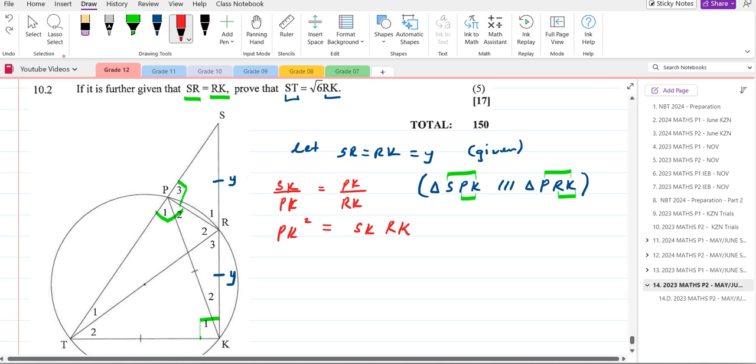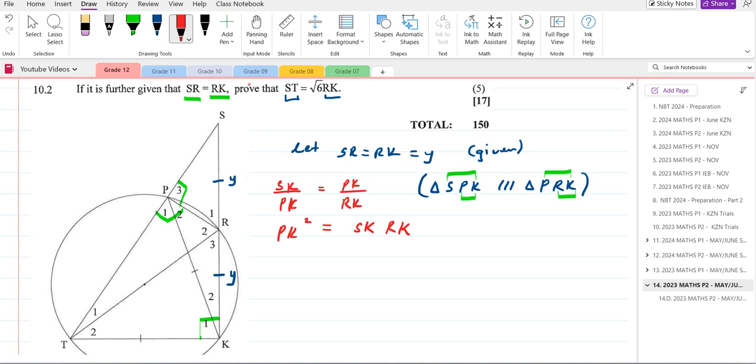Cross multiply, SK RK, PK squared. PK squared equals SK RK, but now we need to incorporate ST inside. If you incorporate ST using SR, we can use Pythagoras because remember TK is equal to PK.